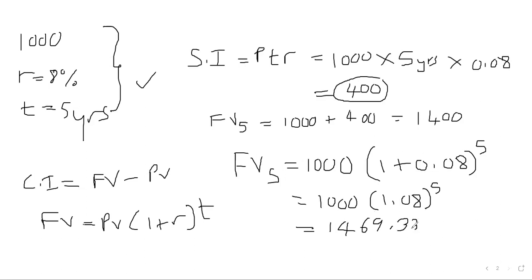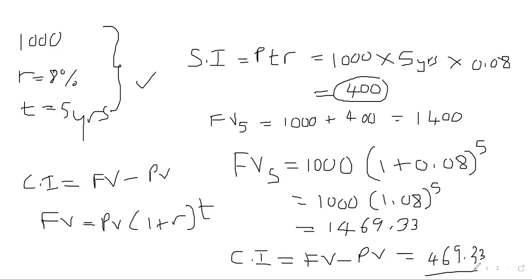So meaning our interest here, what is the compound interest? The future value minus the present value. So what becomes the difference between these two? 1469 minus 1,000 will give us 469.